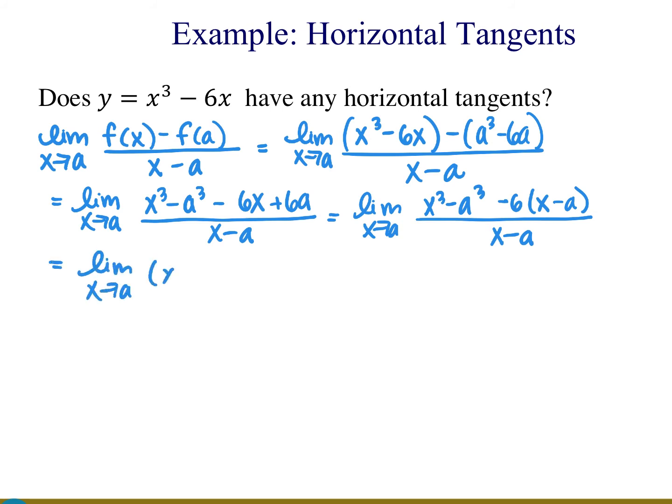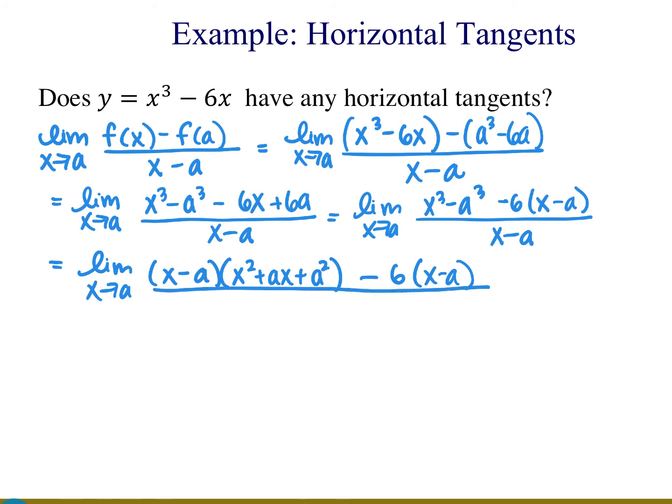Well, we know difference of squares is x minus a, x plus a. Difference of cubes is also x minus a is what it starts with, but the rest of it is x squared plus ax plus a squared, minus 6, and x minus a, all over x minus a. Now this minus 6 part is a separate part of the problem.